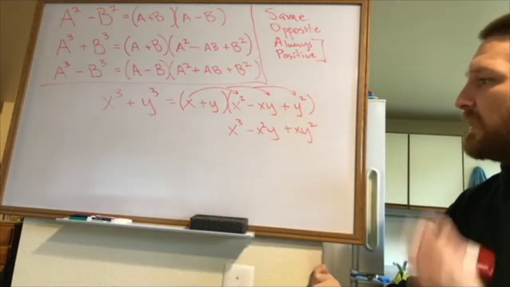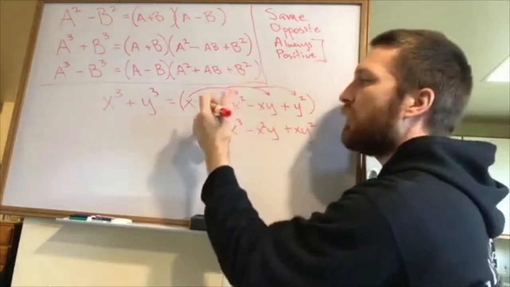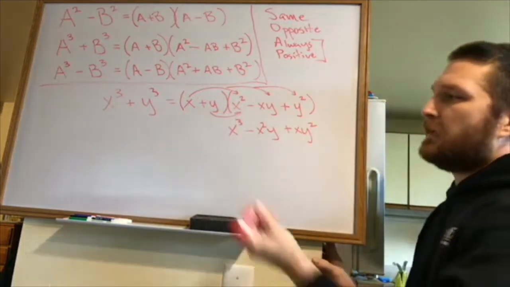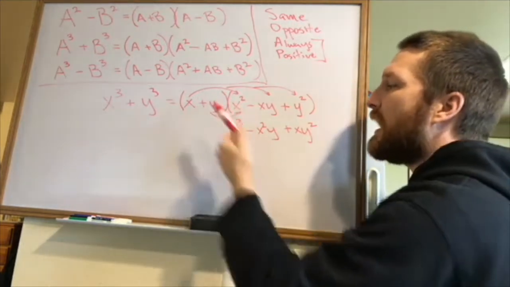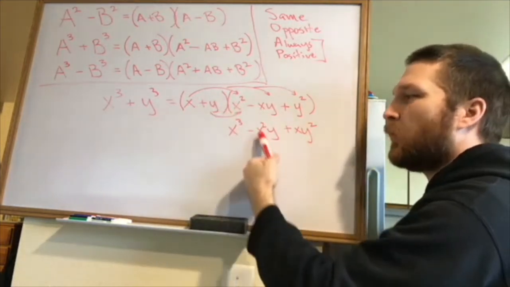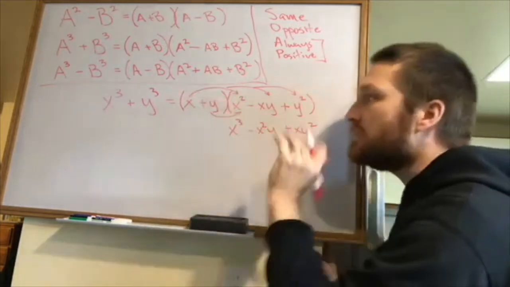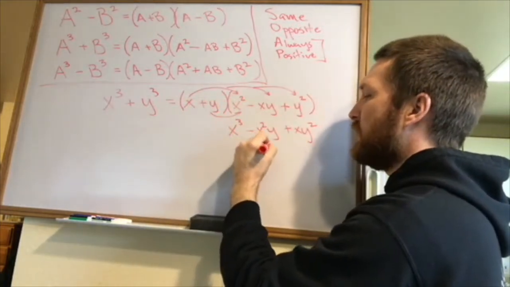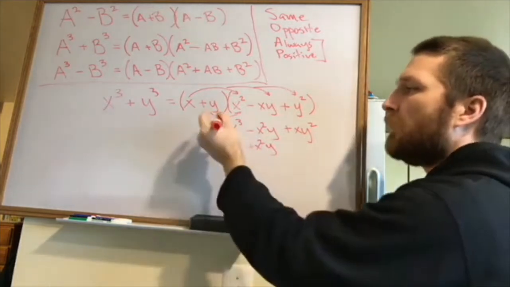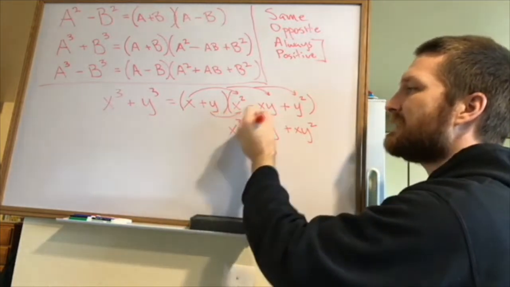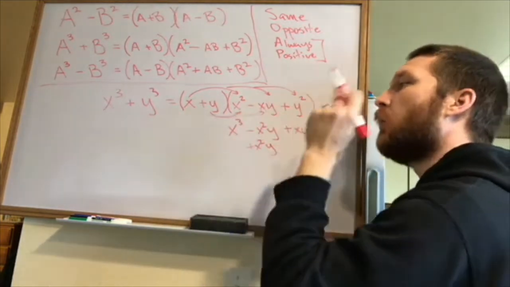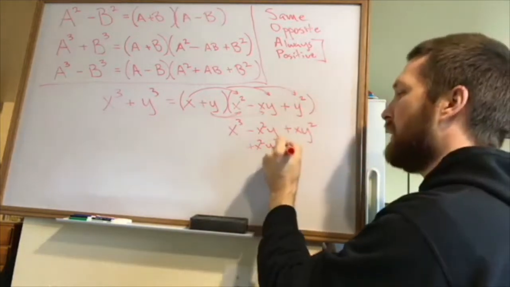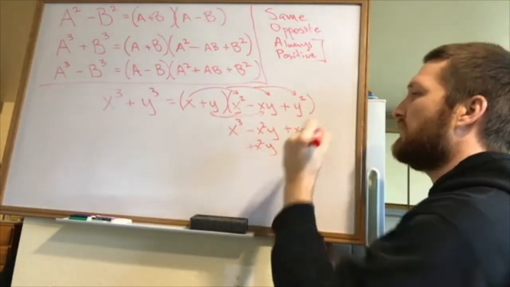Okay, that's the first part. Now with the y's, the y hits the x squared, and I get x squared y. I'm going to write it as x squared y because that's how we do. So x squared y, and it's plus x squared y. Okay, the y jumps over and hits this, and it's an x y squared, but it's a minus xy squared, so minus xy squared.